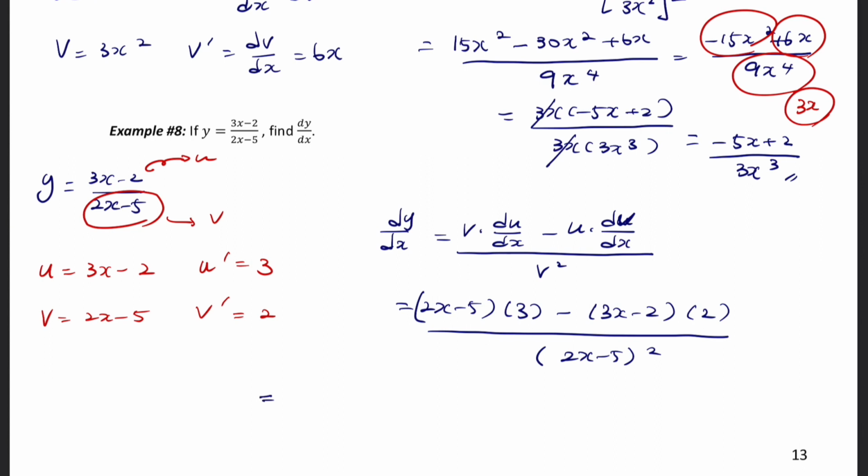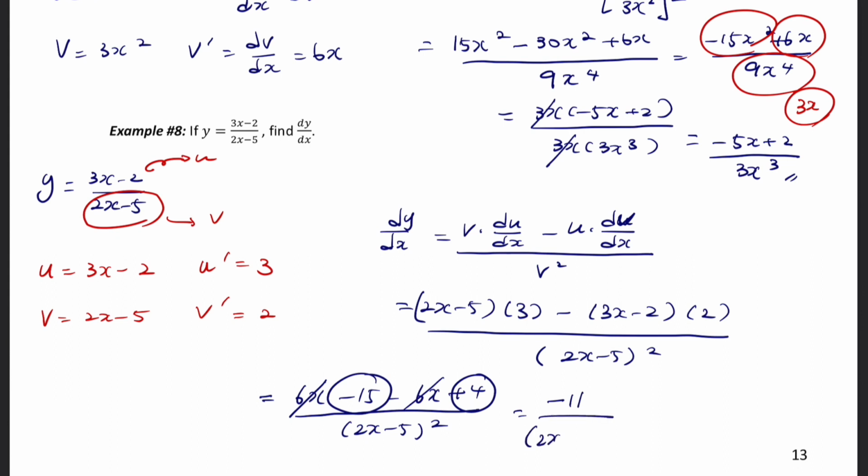Then we get 6x minus 15 minus (6x plus 4) over (2x minus 5) squared. Then you get 6x minus 6x simplified, and we get negative 15 minus 4, so negative 19... over (2x minus 5) to the power of 2. And that's your answer.